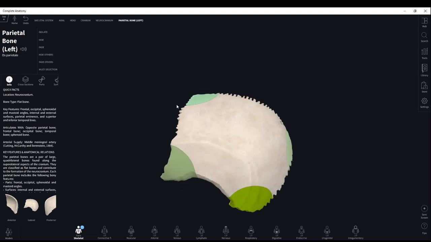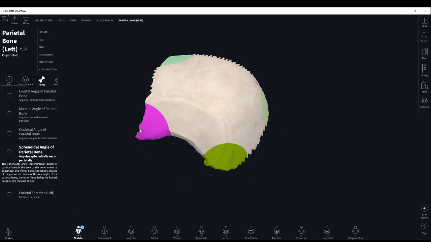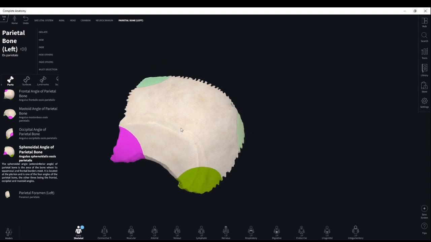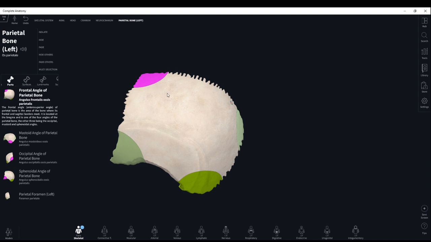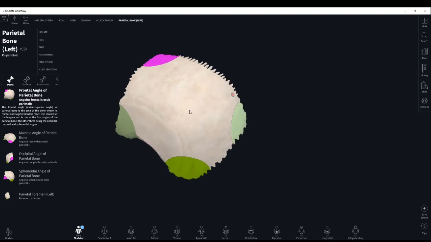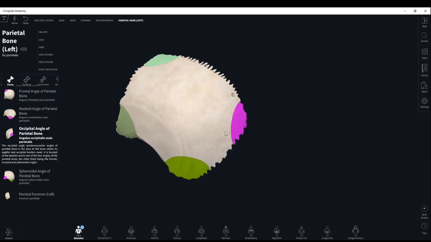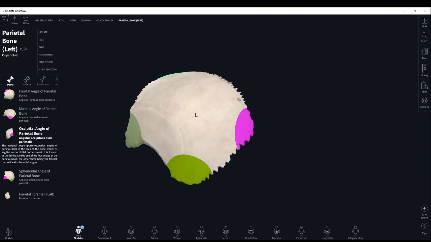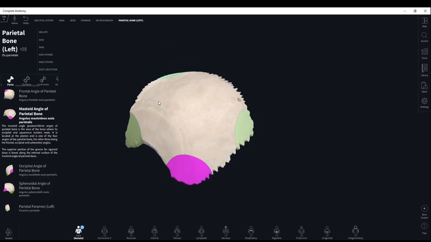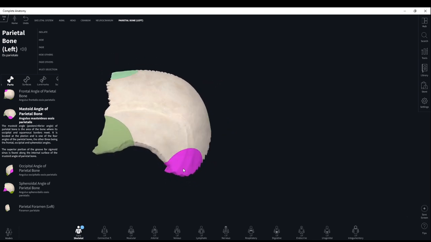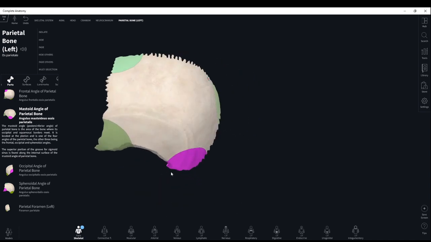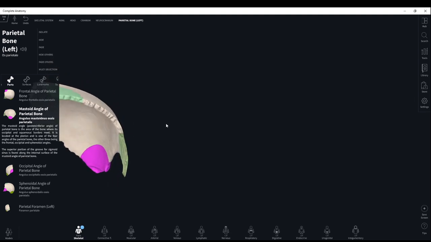It has 4 angles: the sphenoidal angle, the most prominent and sharp angle; the anterior inferior angle; the superior anterior angle, which we call the frontal angle, angulus frontalis parietalis; the posterior superior, the occipital angle, angulus occipitalis; and the posterior inferior, the mastoidal angle of the parietal bone, corresponding with the mastoid process of the temporal bone.